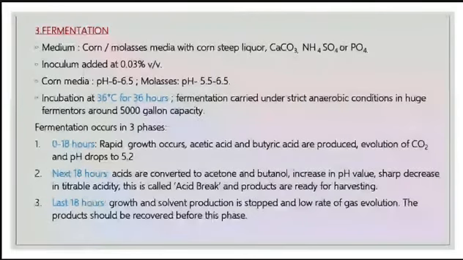There is an increase in pH value, and also a sharp decrease in titrable acidity. This condition is called acid break, and the products are ready for harvesting. The acid break indicates the products are ready for harvesting.